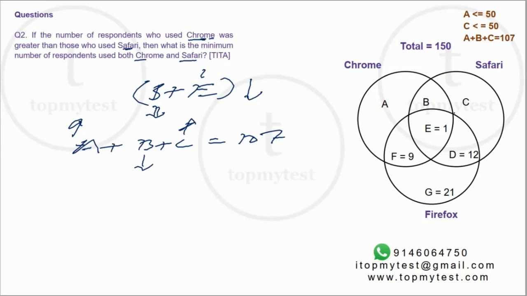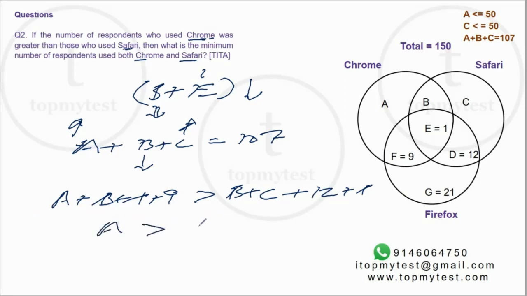So number in Chrome is A plus B plus E, 1, plus F, 9, should be greater than Safari B, C, D, E. D is 12, E is 1. So 1 goes out, B goes out. So I can say A has to be more than C plus 12 minus 9, which is 3. A should be more than C plus 3.